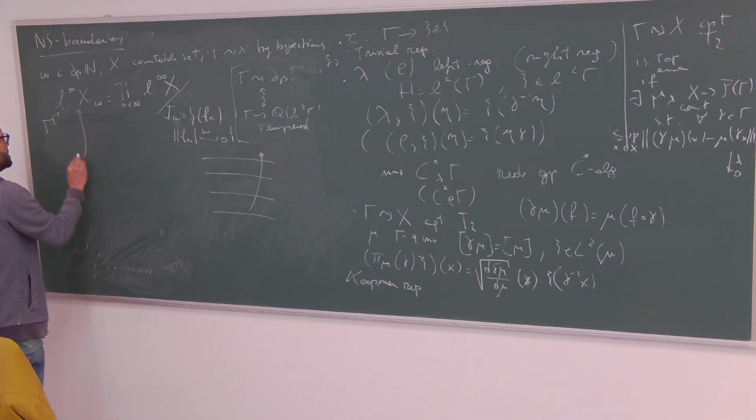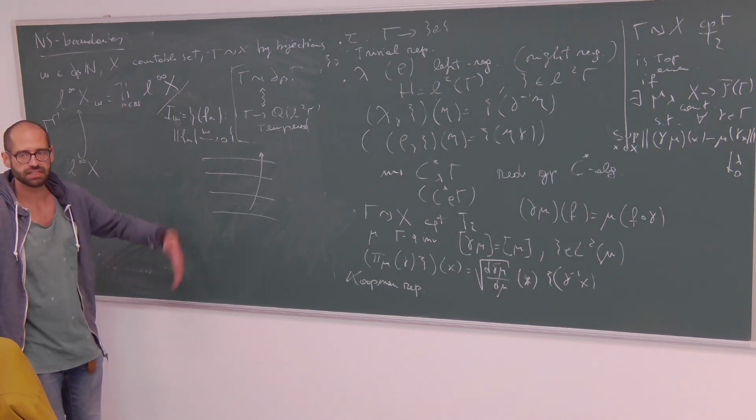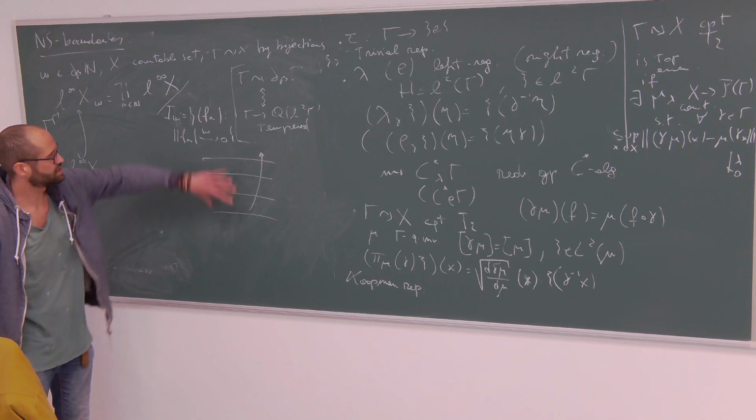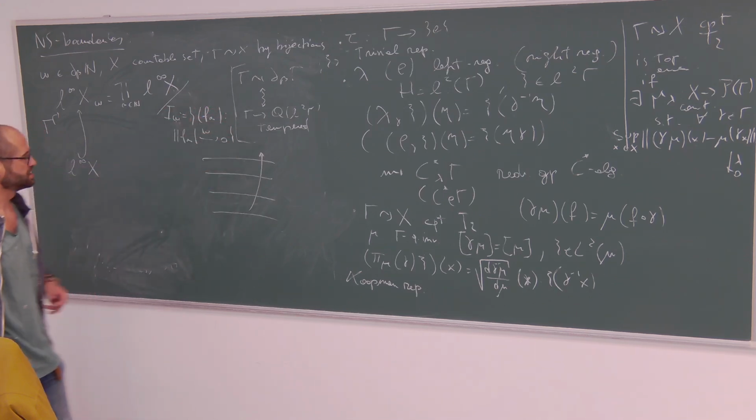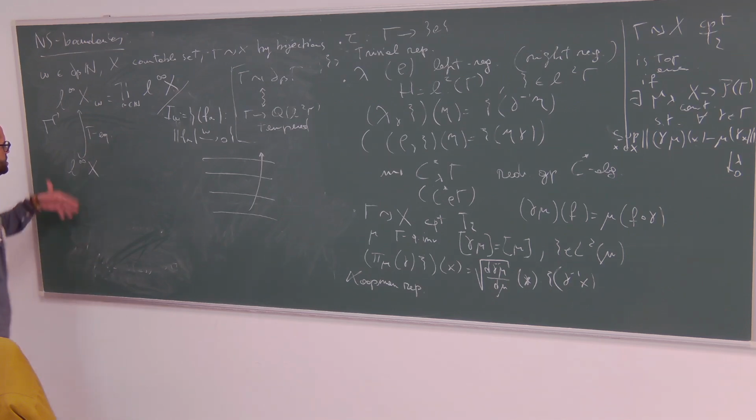And then we also have an injection, a copy of L infinity of X. Just take functions and you put them diagonally, the sequence that is constant. And this is a gamma-equivariant injection.